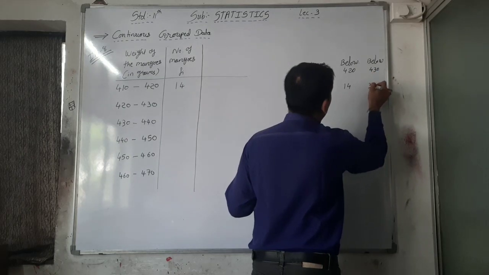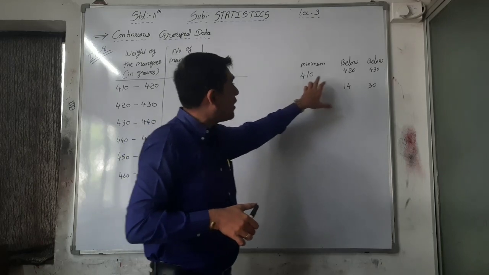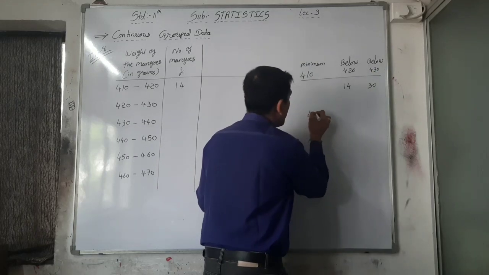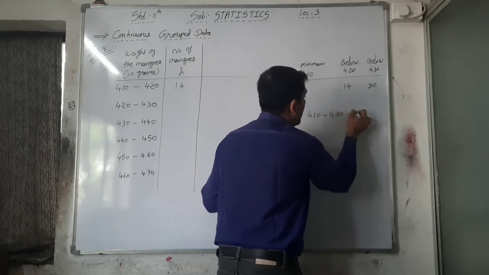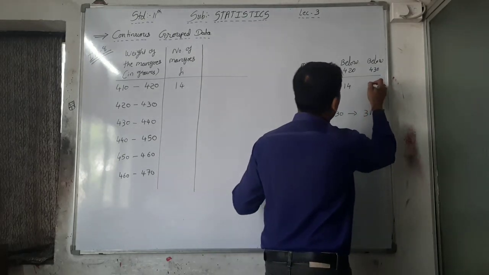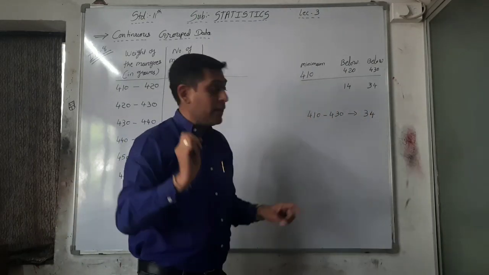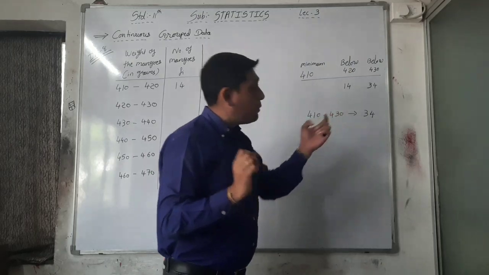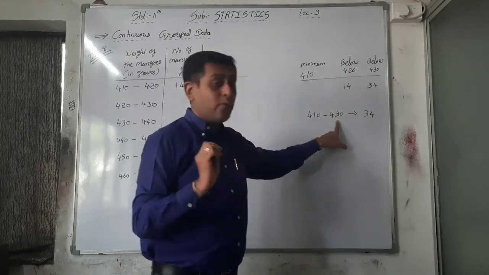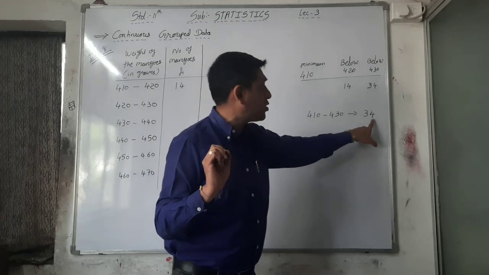So the sentence means minimum 410 to 430. Between 410 to 430 it is 34. Below 430 means minimum 410 and maximum 430.